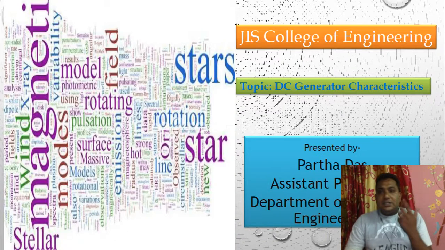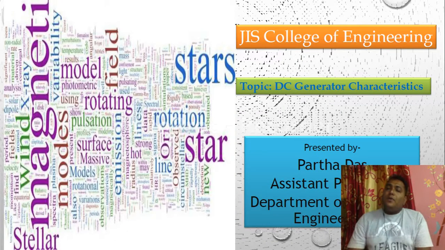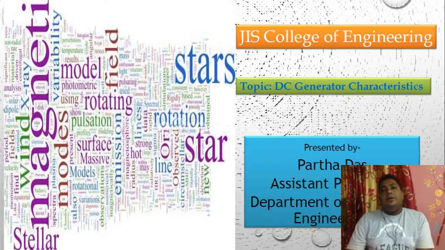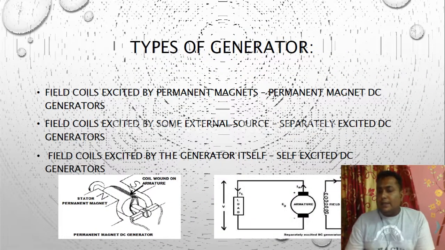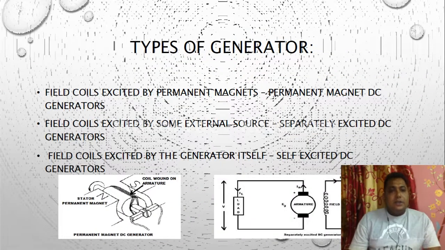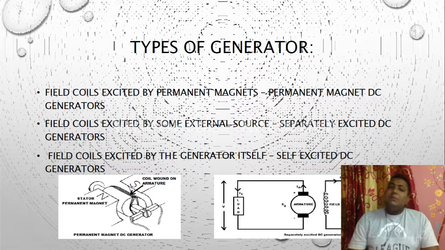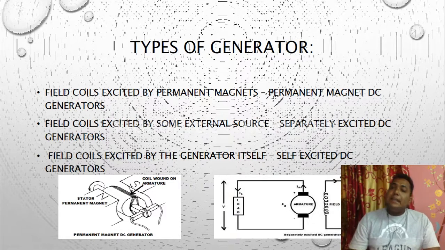First of all, we have to know what different types of DC generator are available in the market. So let us see that. Types of generator. What are the types of generator we have? Basically three types. One is field coils excited by permanent magnet, known as the permanent magnet DC generators.